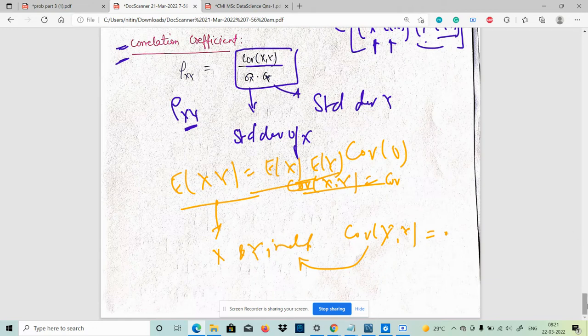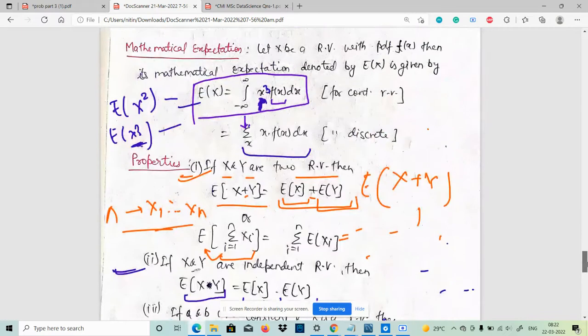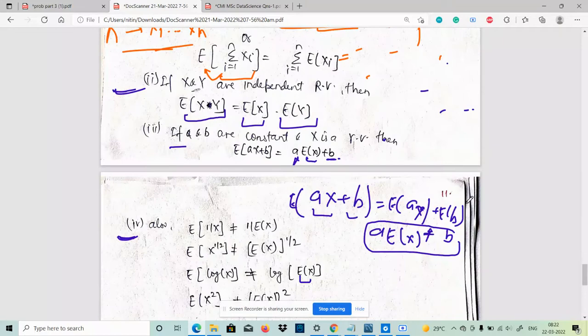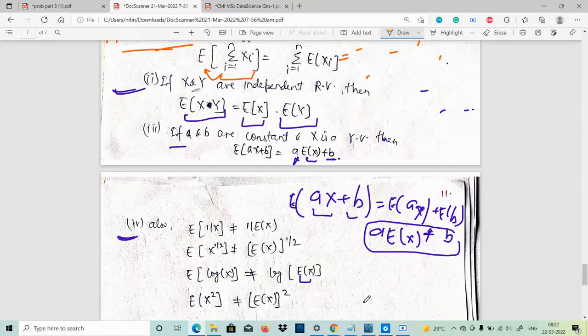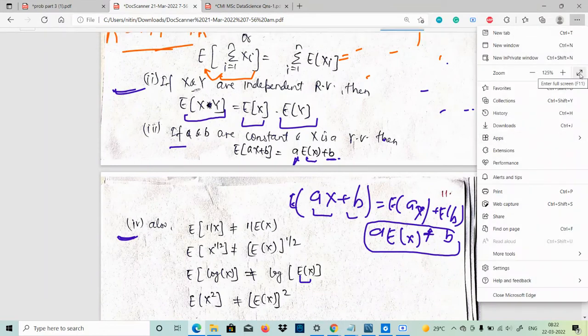We will see some questions if there is something in the question paper, but for now, these are the properties. So do you have any confusion regarding understanding any properties or anything else? Guys, do you have any confusion regarding understanding anything?